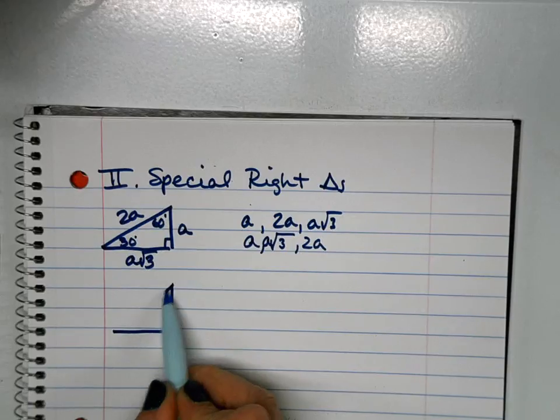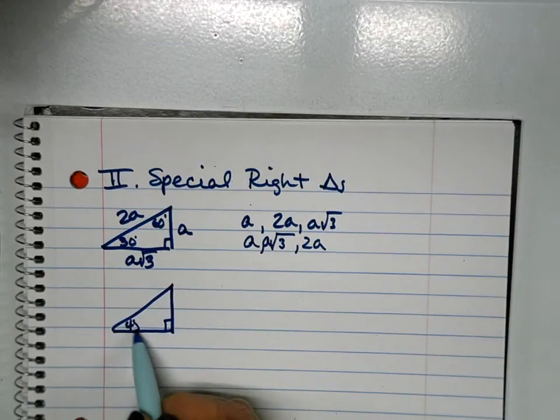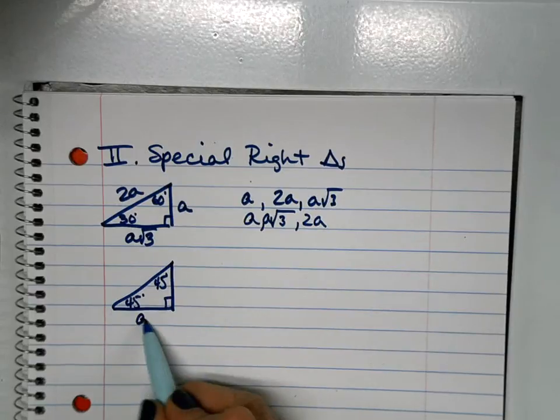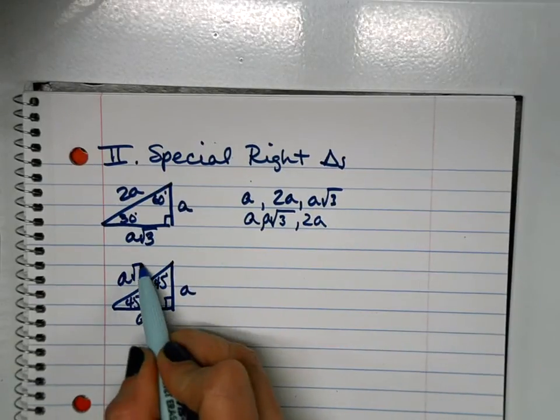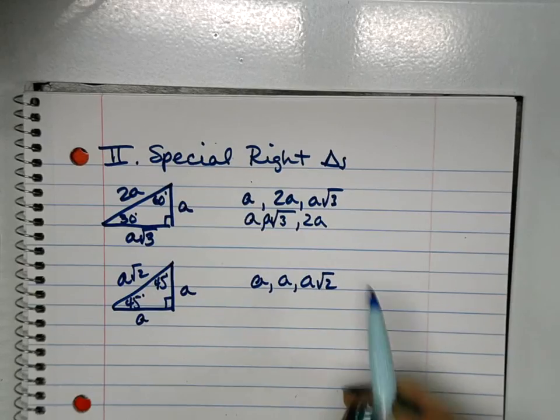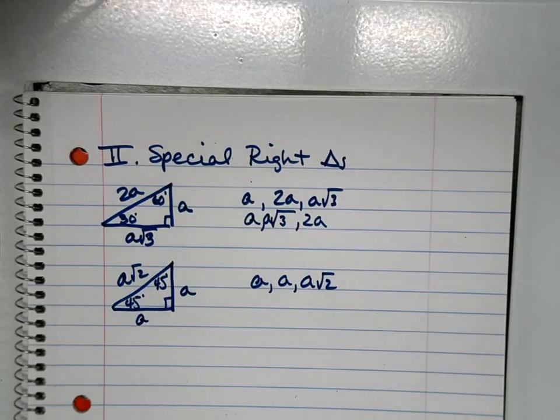Draw a 45, 45, 90 triangle. What were the sides on this one? a, a, and a root 2. Good. You have 3 different angles, so 3 different measurements in the last one.